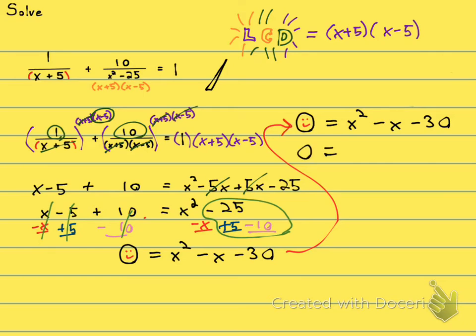0 equals, this is an easy one, because it starts with the number 1. My first two terms are going to be x and x. Last two terms multiply to give me 30 and subtract to give me -1. So let me list my possibilities here: 1 and 30, 2 and 15, 3 and 10, or 5 and 6.